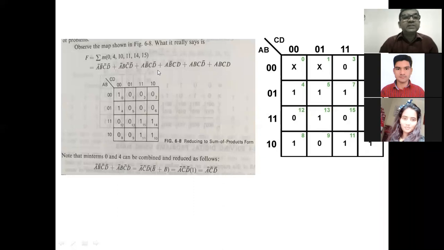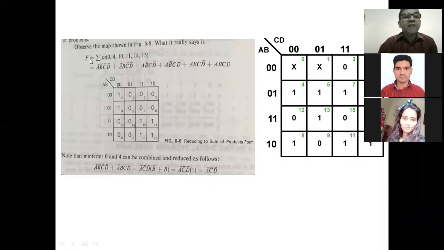So this can be solved. For example, this one shows that this term is present, then this is nothing but A bar, B bar, C bar, D bar, plus this is A bar, B, C bar, D, plus this is A, B bar, C, D, plus this is A, B, C, D bar, plus this A, B, C, D bar, plus this A, B, C, D. So terms like that can be added, and this will give a Boolean expression like this, and this can further be reduced to A bar, C bar, D bar.